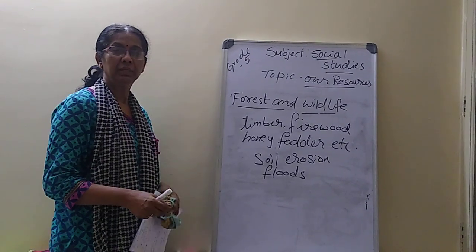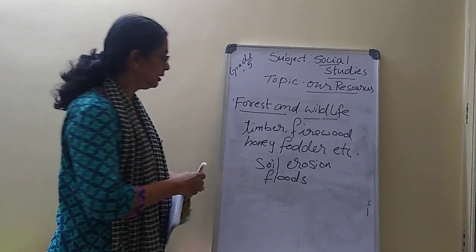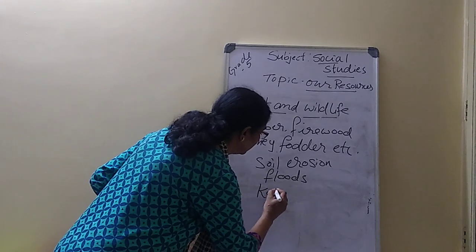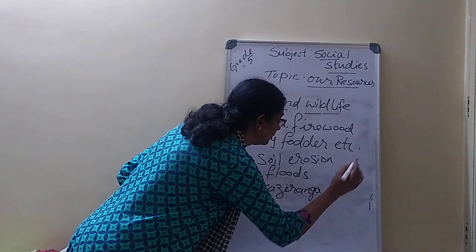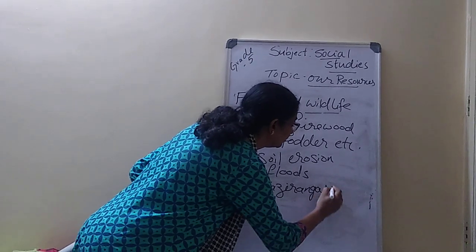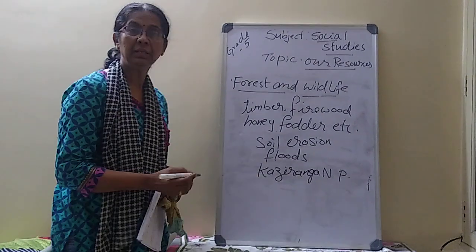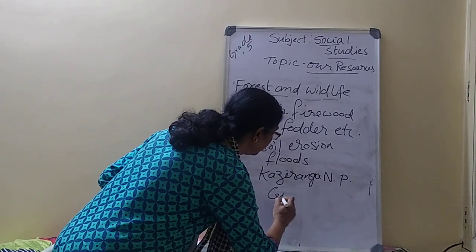For example, even in Assam, we have Kaziranga National Park, and in Gujarat we have Gir Forest.